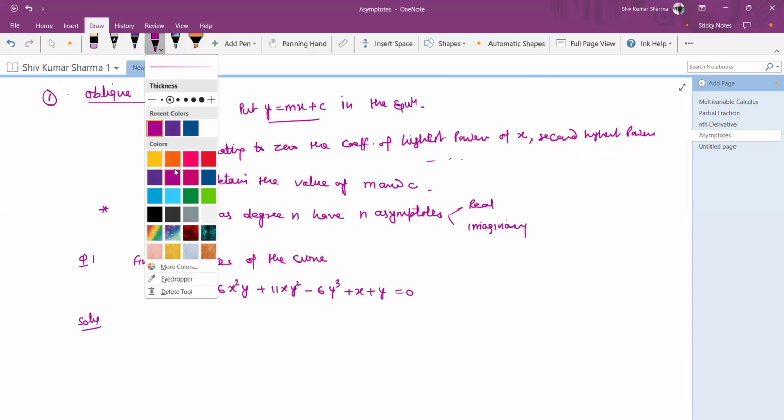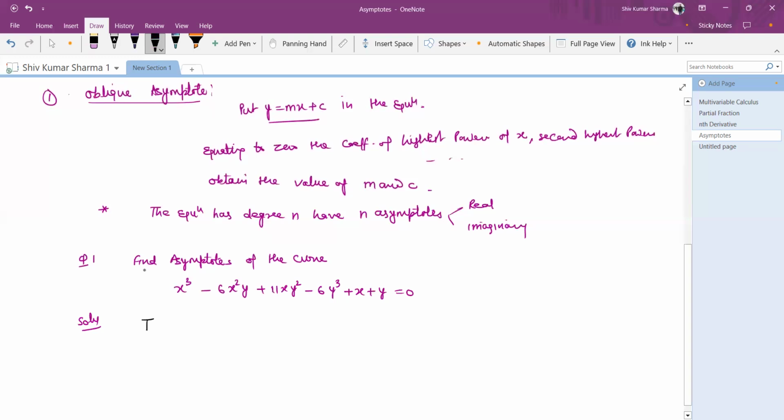The highest degree is 3, so this equation has 3 asymptotes, which may be real or imaginary.